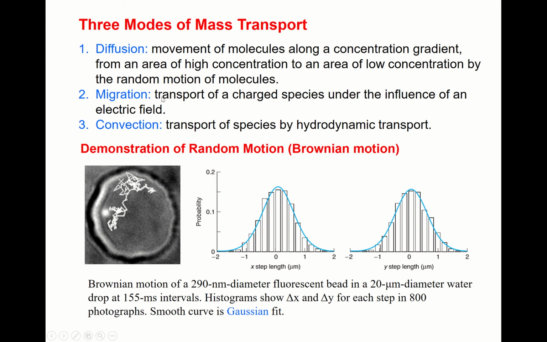Another mode of mass transport is migration. You will see it in electrophoresis. Migration is the transport of a charged species under the influence of an electric field. Uncharged species don't migrate.